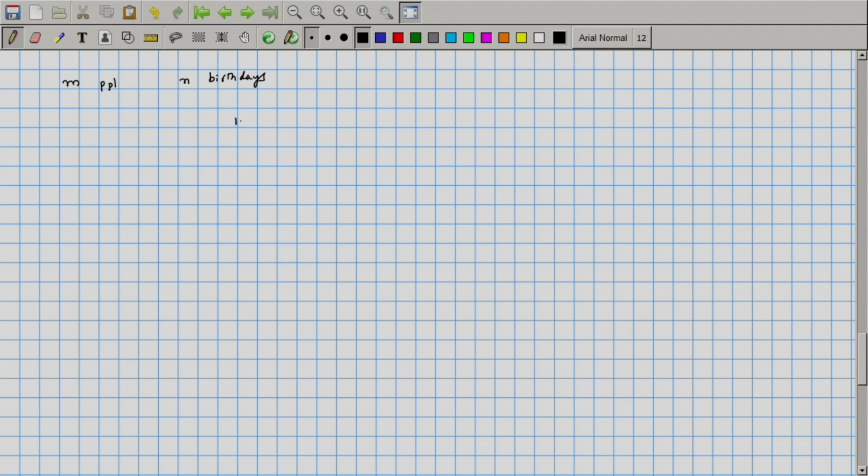So, this could be done in (1 minus 1 by n) into (1 minus 2 by n) all the way up to (1 minus (m minus 1) by n). Okay, this will be the total probability that no two people share their birthday. So, we can call that probability of B.